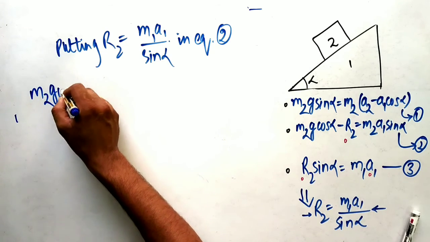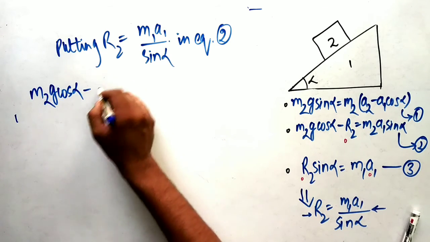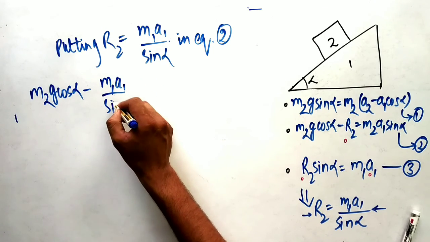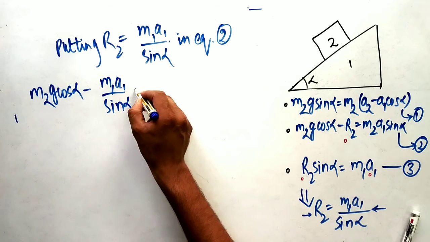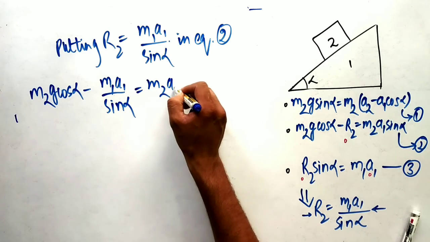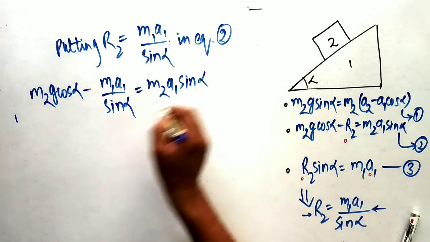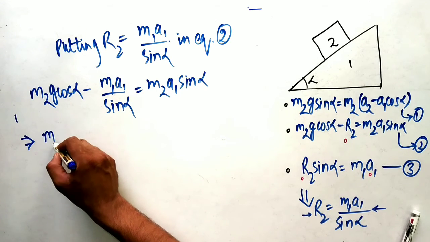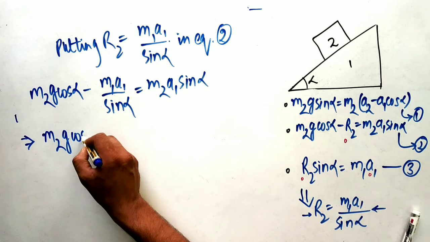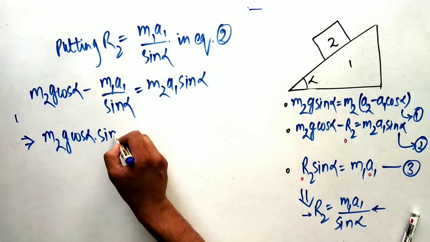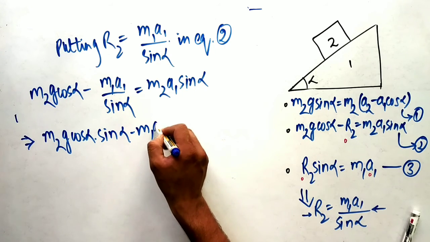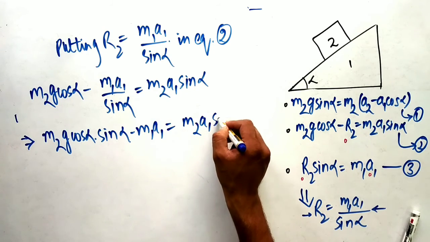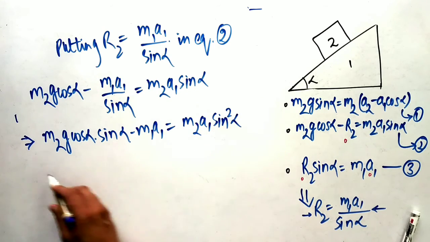m2g cos alpha minus m1 a1 divided by sine alpha is equal to m2 a1 sine alpha, which gives us m2g cos alpha sin alpha minus m1 a1 is equal to m2 a1 sine square alpha.